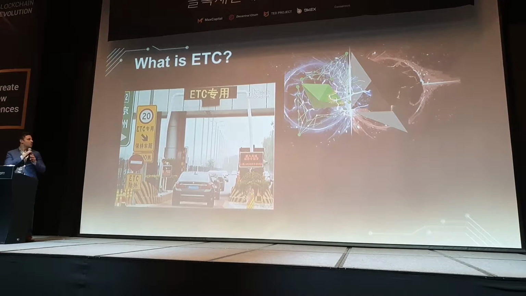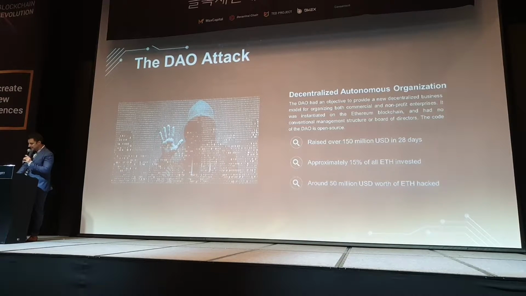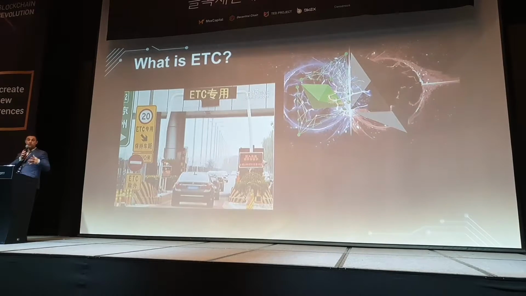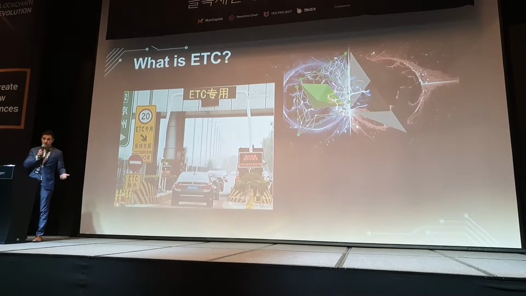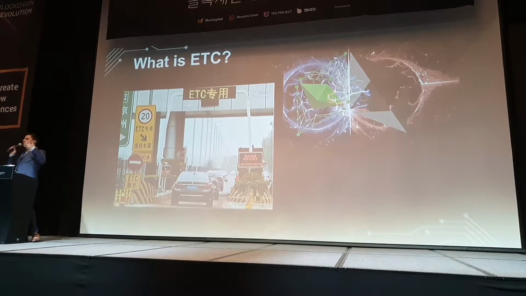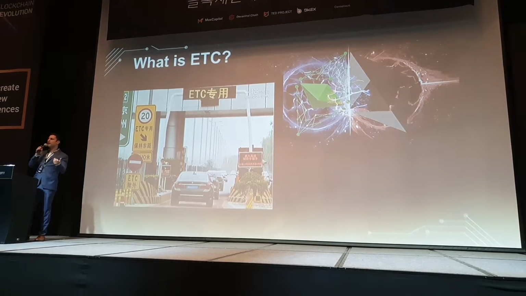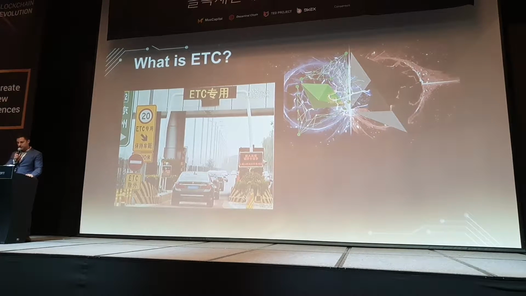So, first of all, Ethereum Classic came about in June of 2016 as a result of the DAO incident. For those who don't know, the DAO, or Decentralized Autonomous Organization, was a sort of crypto hedge fund, crypto VC, whereby investors would invest their Ether in Ethereum projects using smart contracts.